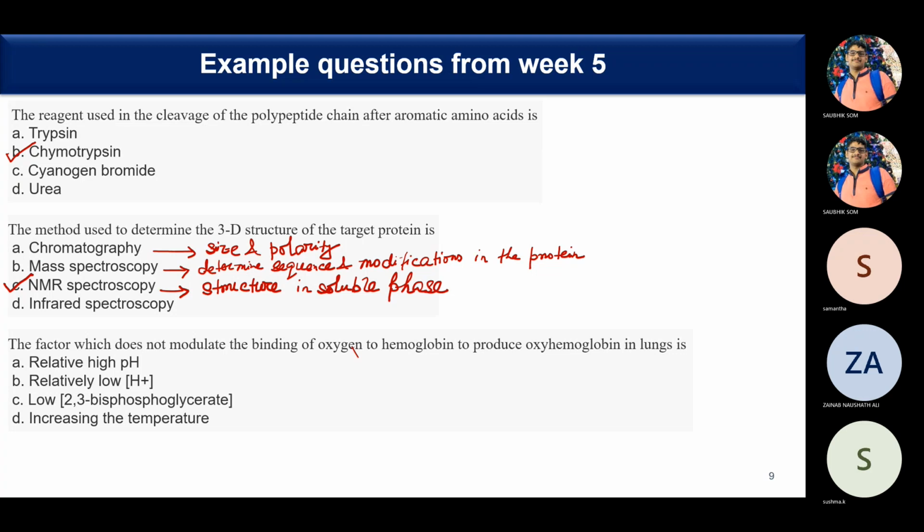The correct answer was not modulate binding of oxygen to hemoglobin. I am just considering it.